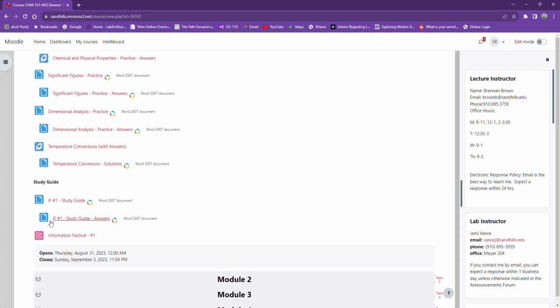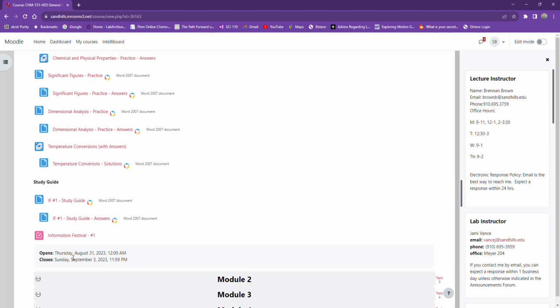You can see that the Information Festival will open on the Thursday of that week at 12 a.m. So early in the morning Thursday or late in the night Wednesday, however you want to look at it. It will open and it will be available Thursday, Friday, Saturday, and Sunday until midnight.